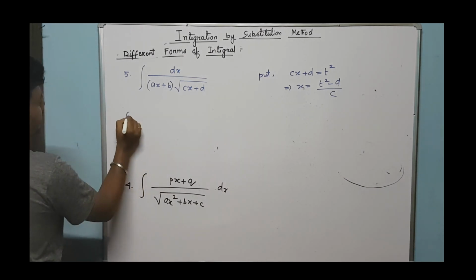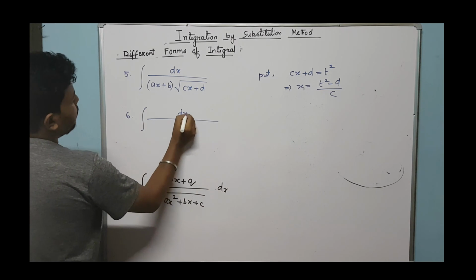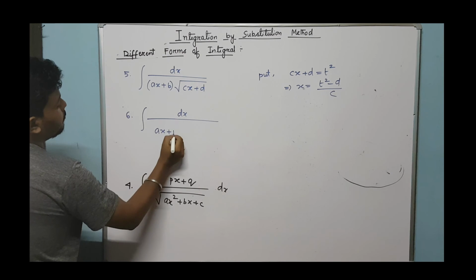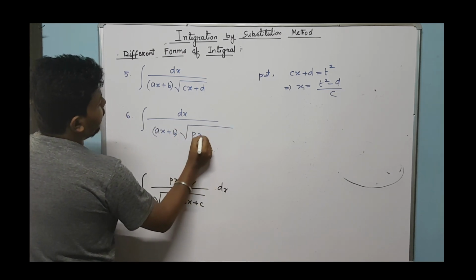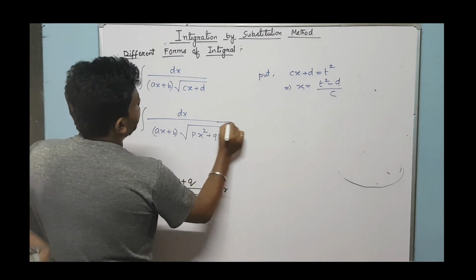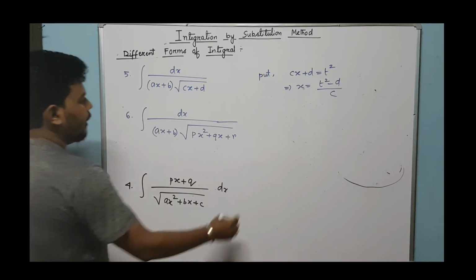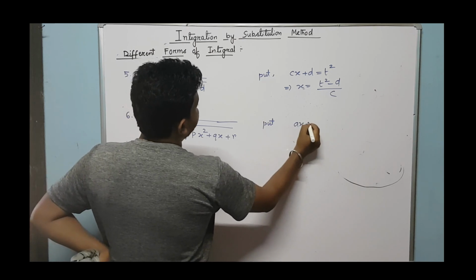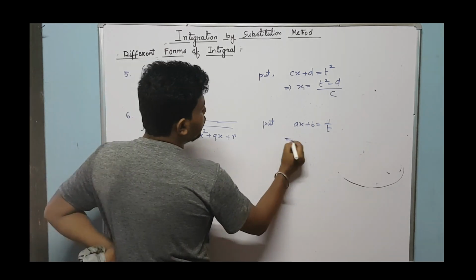Form number 6 is dx by ax plus b square root of px square plus qx plus r. Linear into square root of quadratic. In this case, we put ax plus b is equal to 1 by t, and then we differentiate.